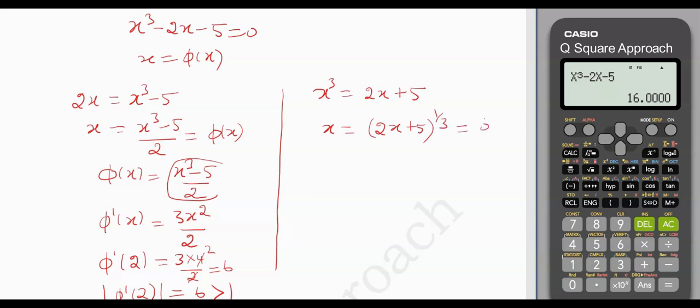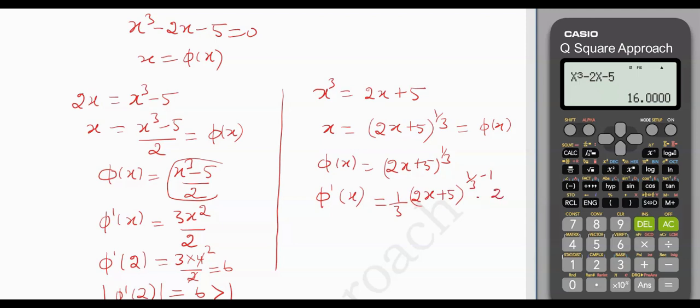We'll take it as phi of x, that is, phi of x is equal to (2x plus 5) whole power 1 by 3, and phi dash of x is equal to 1 by 3 into (2x plus 5) whole power 1 by 3 minus 1, into 2.